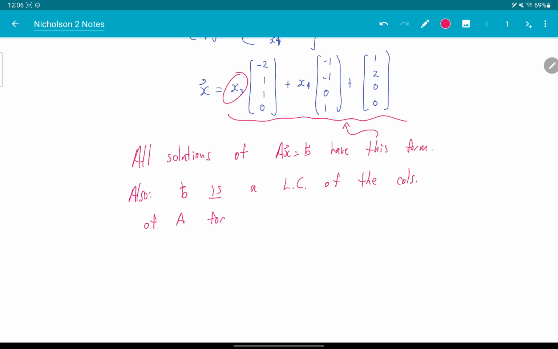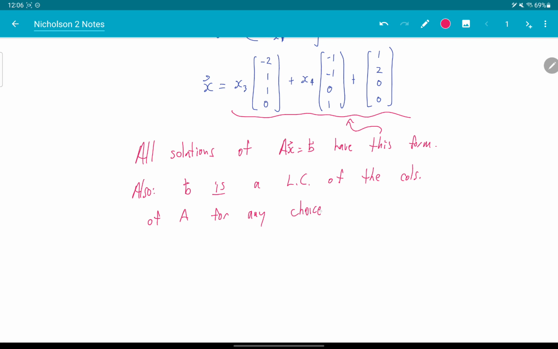Okay, so I can choose x3 and x4 to be anything, and I will get a linear combination of the columns of A that adds up to B. So for example, if I choose x3 and x4 both equal to 0, that's the easiest thing.